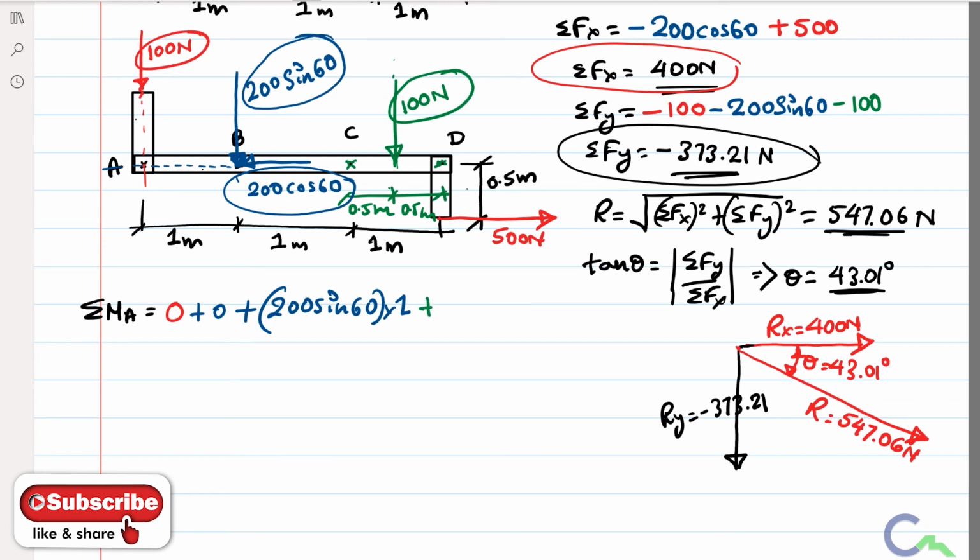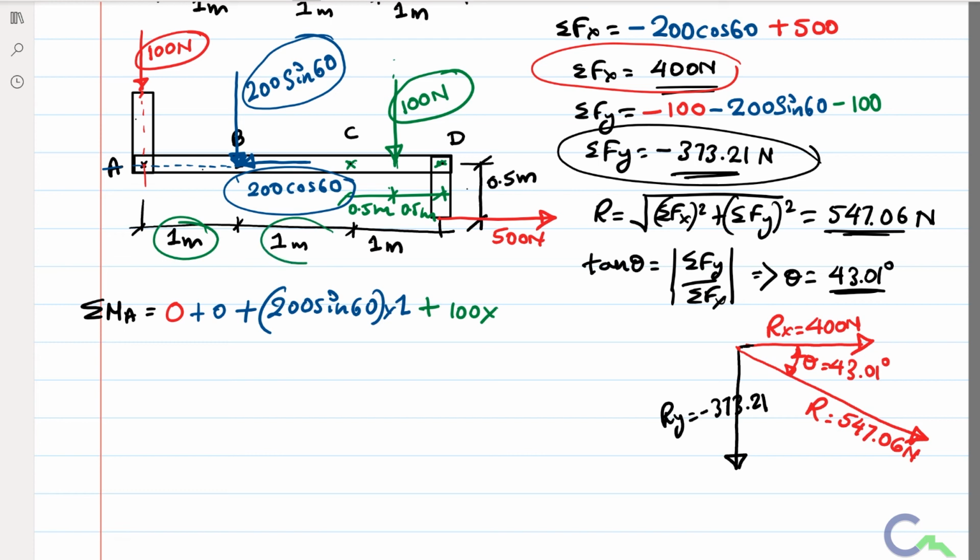Therefore plus 100 into, the distance is 1 meter plus 1 meter plus 0.5 meter, that is perpendicular distance to the force, therefore 2.5 meter.